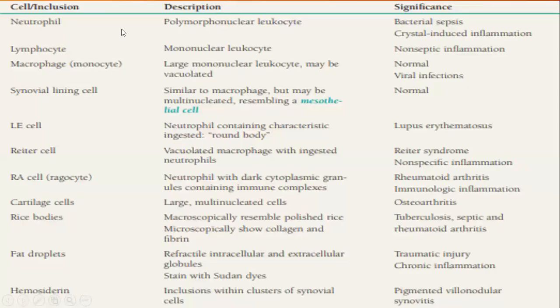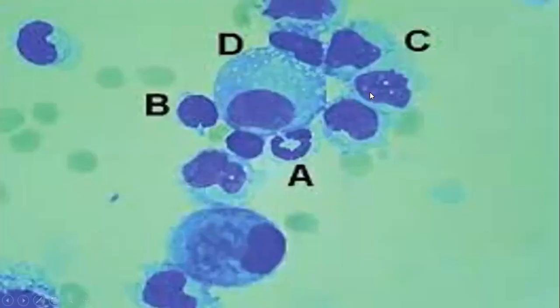So these are the different cellular elements or other components that we may see when doing microscopic examination of your synovial fluid, with their specific description and appearance, and the disease states or conditions associated with such. Okay, so please have a look into this.